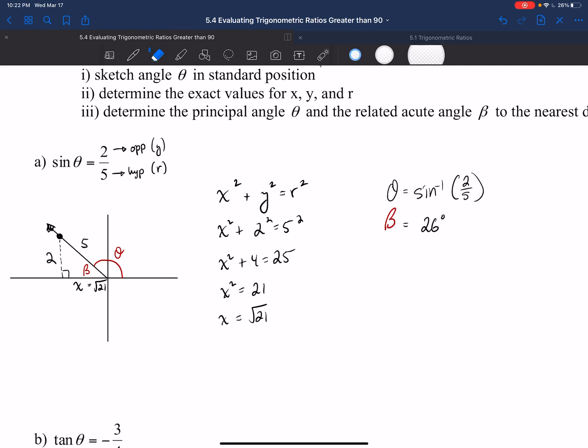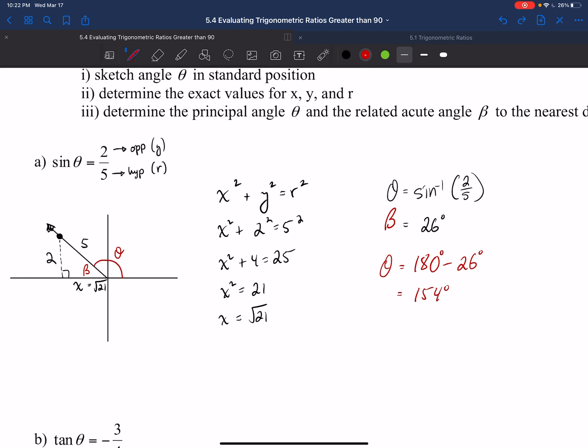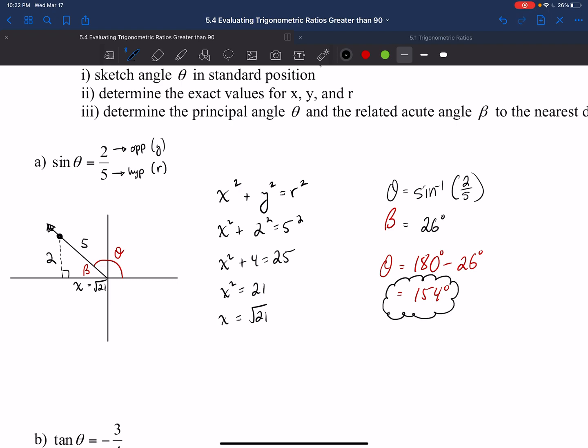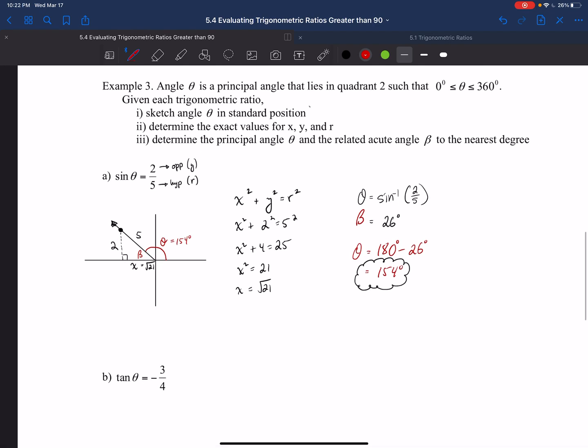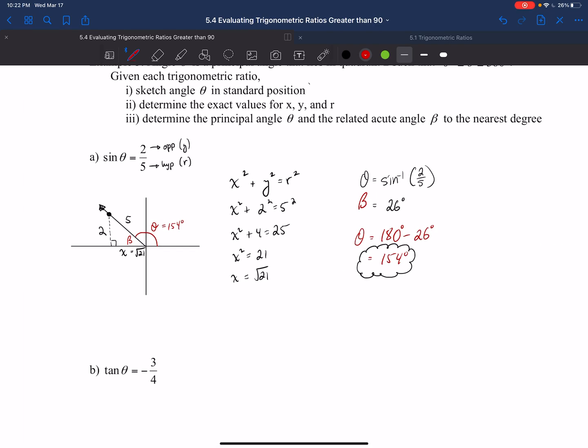So if I want to find theta, because it's in quadrant 2, I'm going to do 180 minus 26 to get 154. Okay, and the related acute angle is 26 degrees. How far is it away from the x-axis?